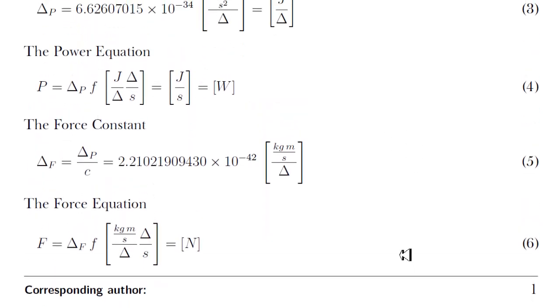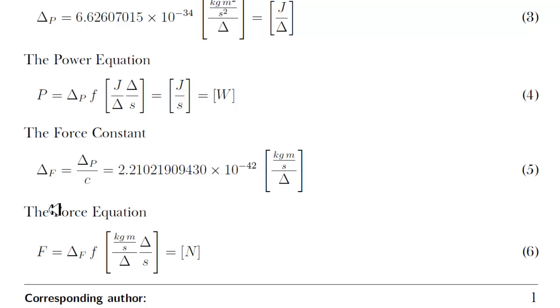So then next we had the force equation, the force terms, and so we've got the force constant, which is the cycle of power divided by the speed of light. And this gives us this value here, which has units of momentum per cycle. Okay, then we have the force equation, which is the cycle of force times the frequency term, and this is the same frequency term as the power equation.